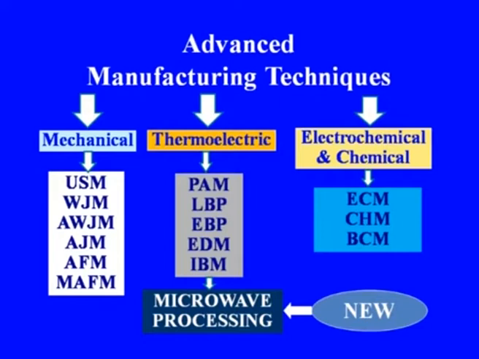On the other hand, thermoelectric methods include plasma arc machining, laser beam processing, electron beam processing, electric discharge machining, ion beam machining, etc. In this category, one new process is emerging. This is microwave processing.